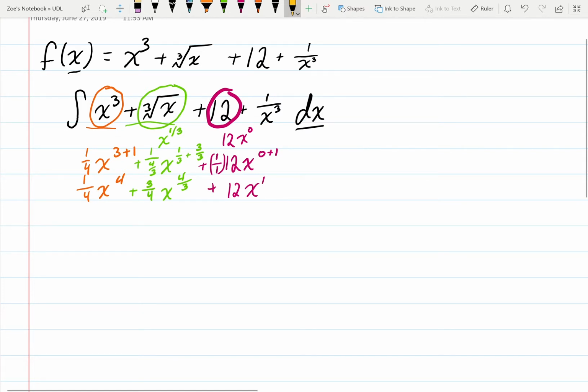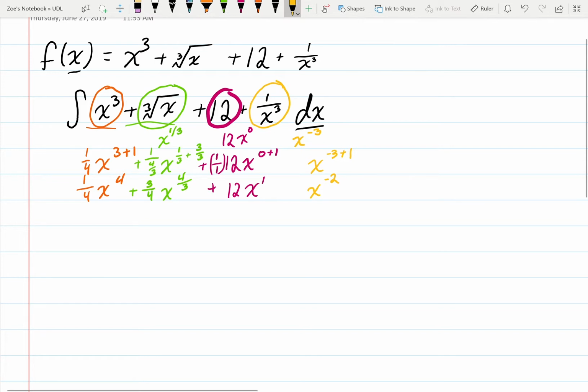So now we're going to look at this very last part, this 1 over x cubed. And remember that 1 over x cubed can also be x to the negative 3 power. So then we're going to treat it just like we have all the others. We're going to do x to the negative 3 plus 1, which ends up being x to the negative 2.